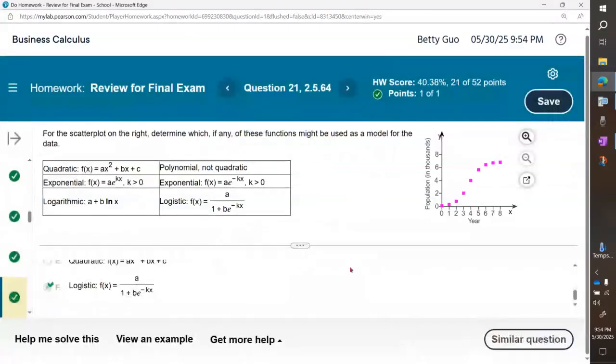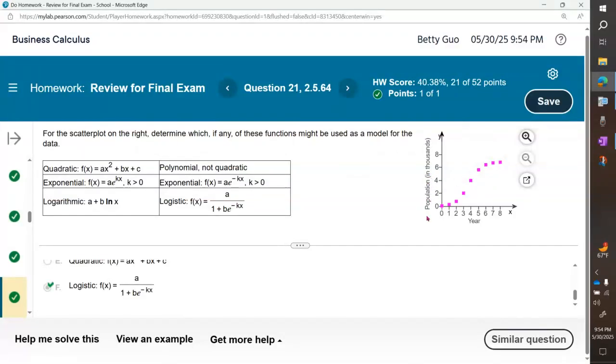So it's good to actually study these six types of functions, right? I think the reason the answer is this function is because it has a horizontal asymptote. But to be honest, it doesn't really show that very clearly.